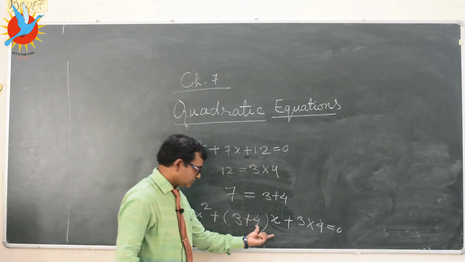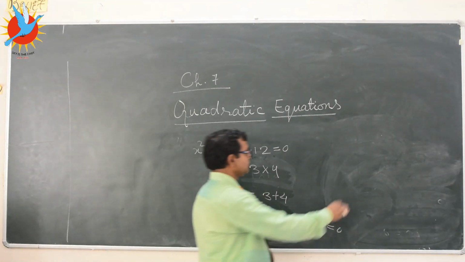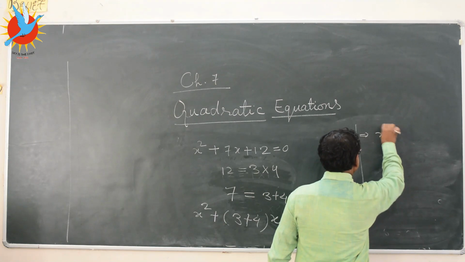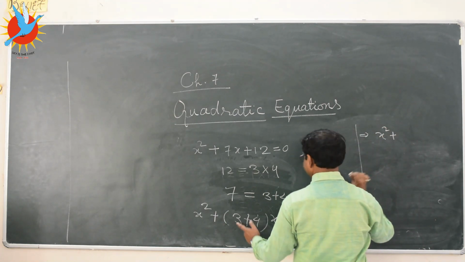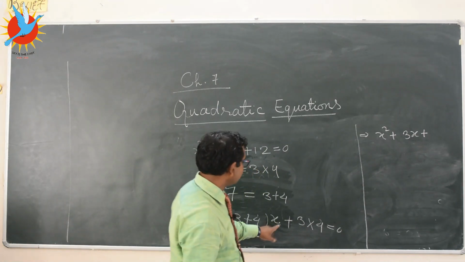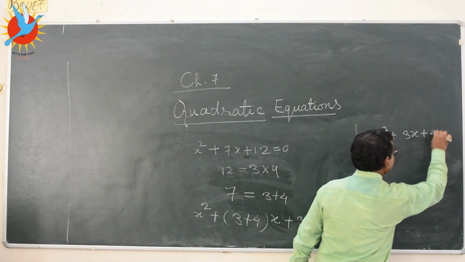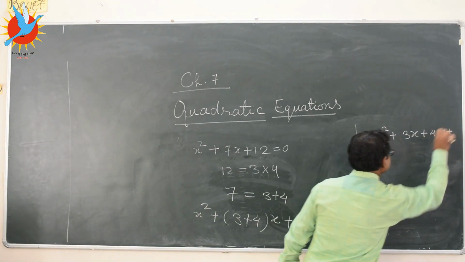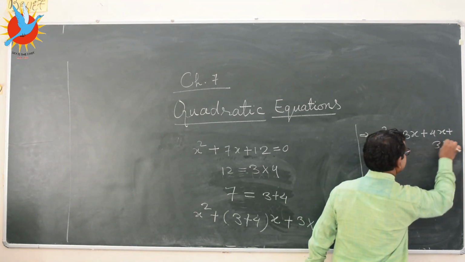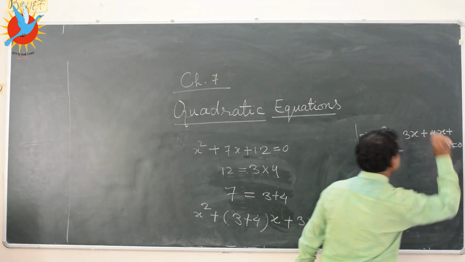Now open this bracket, we will have x square plus 3x plus 4 multiplied by x, 4x, plus 3 into 4 equal to 0.